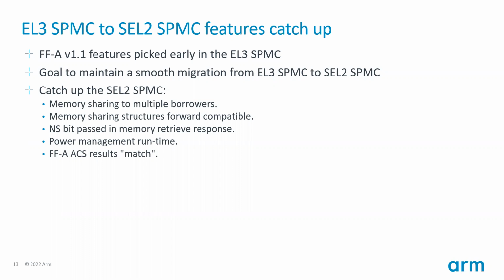But keeping in mind that the memory management operations pretty much share all the data structures, the ABIs are pretty much the same, and state tracking is required for memory sharing as well, because we do have to enforce rules like if a memory is shared between two partitions, it shouldn't be shared with another partition.